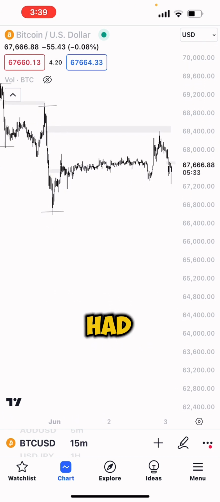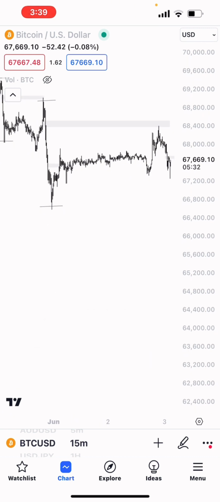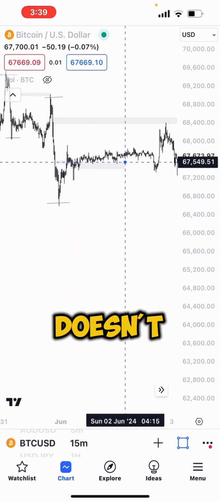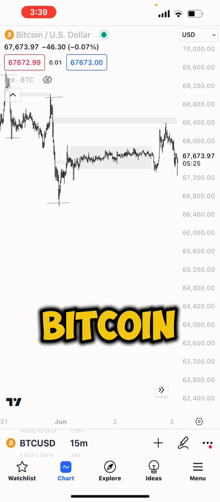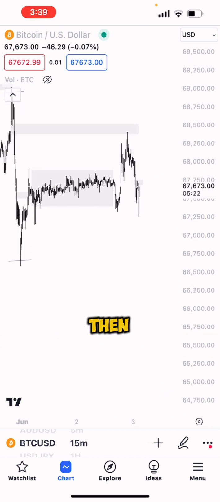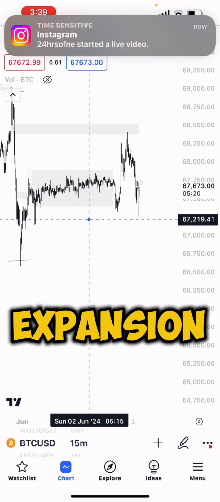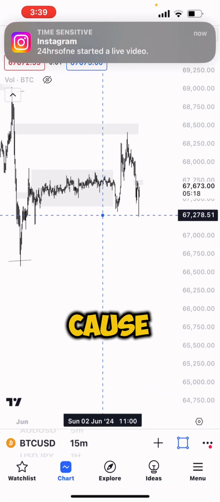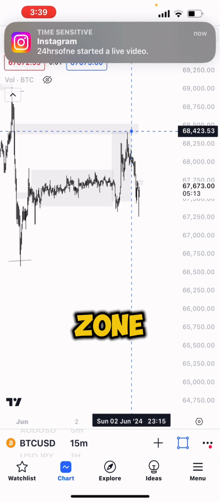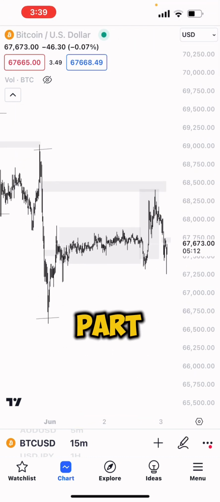This is structure I had before the weekend, and during the weekend we had all this chop, because during the weekend the market isn't really as volatile in Bitcoin. So I just had some of that chop, and then we had an expansion movement after that chop, because we had a breakout right here, expansion upwards, tapping into the zone, which is the interesting part.